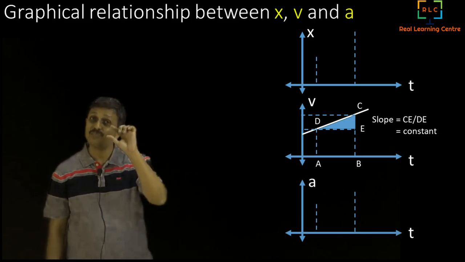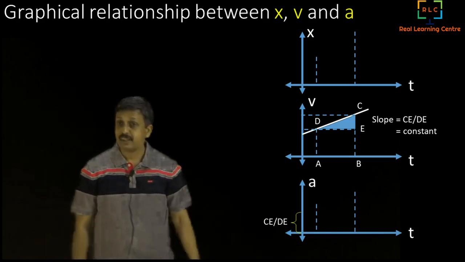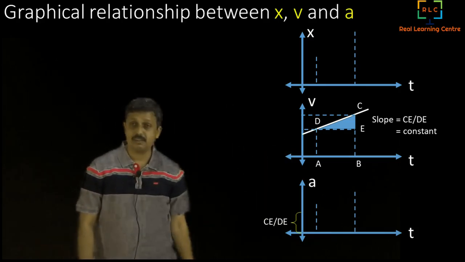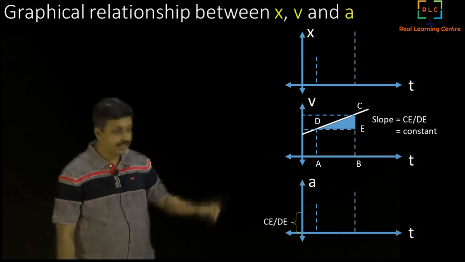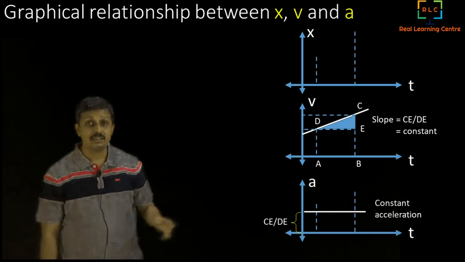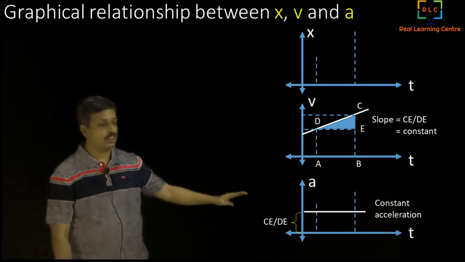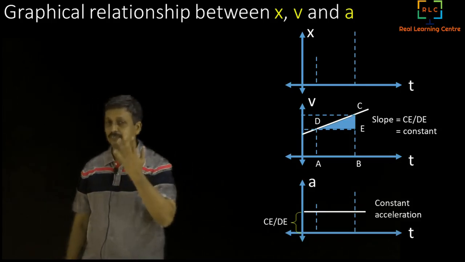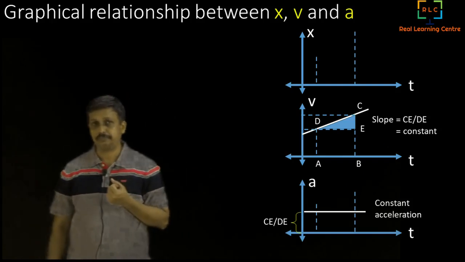I am going to take that value and mark it on A, the vertical axis. On that I mark this point, and I draw a horizontal line because it is not changing, the same value at every point in time. So constant acceleration, that is our AT graph. We are able to draw the AT graph using the VT graph.